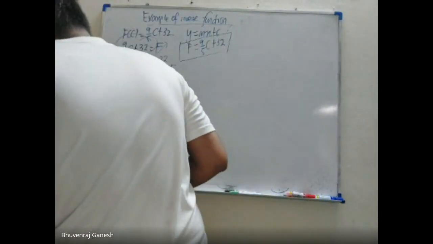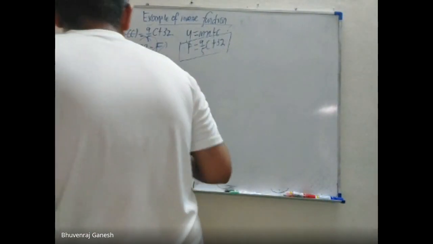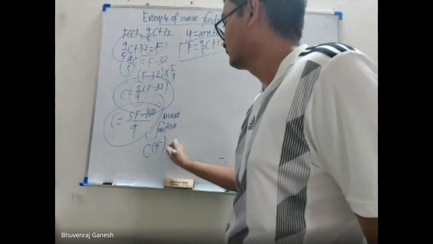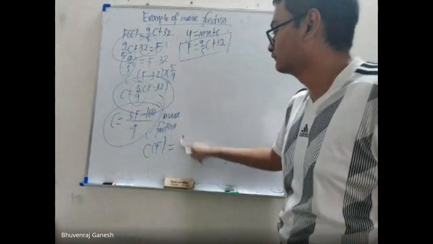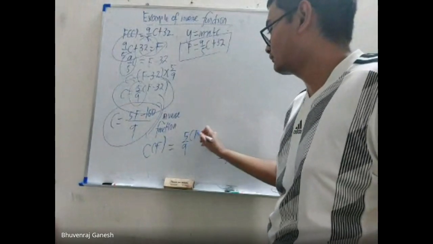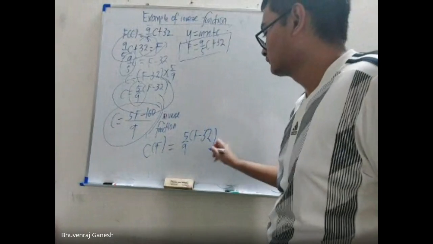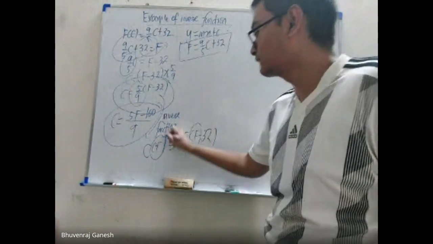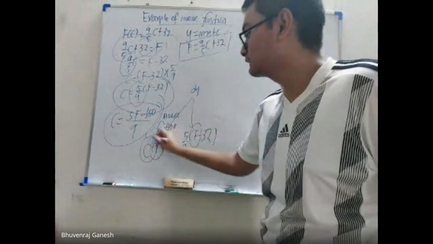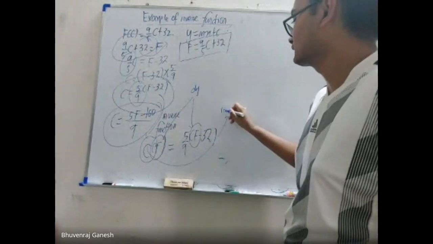So how we're going to express this now is we will write C(F) is 5 over 9 F minus 32. So now you see, F becomes your object, but Celsius becomes your image.